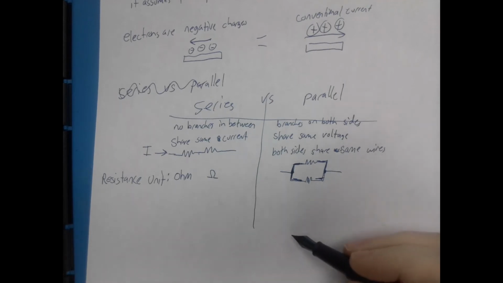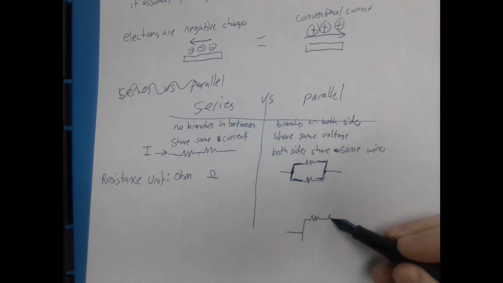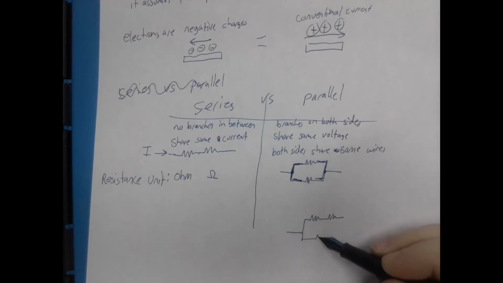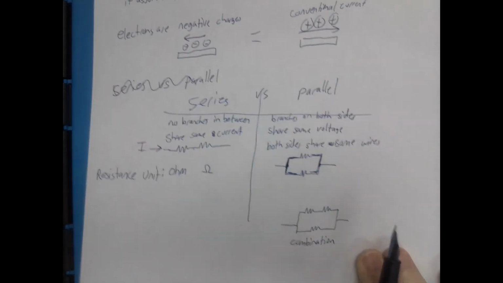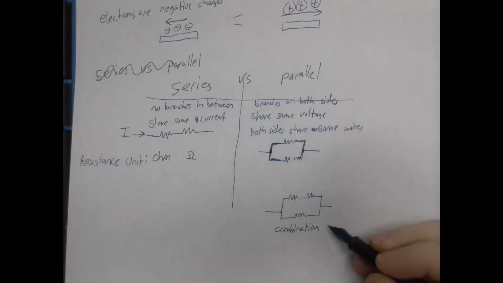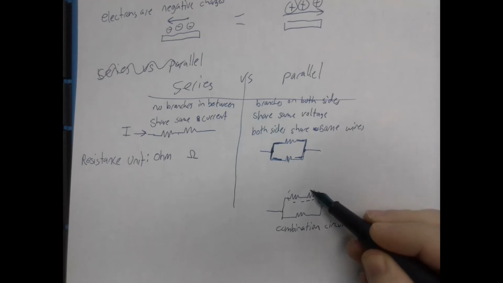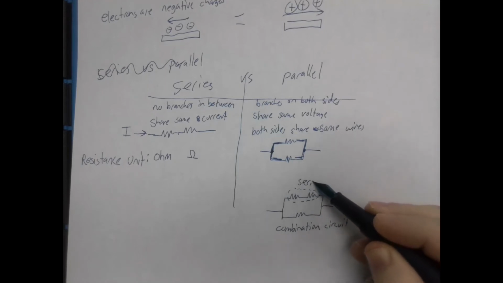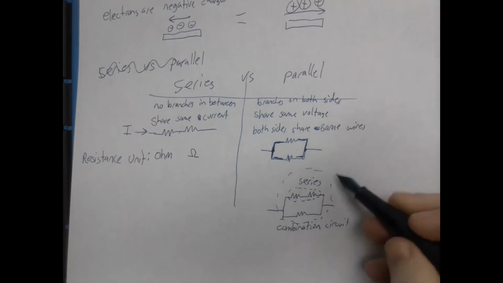And note this setup, known as a combination circuit, because this is in series and this whole thing is in parallel.